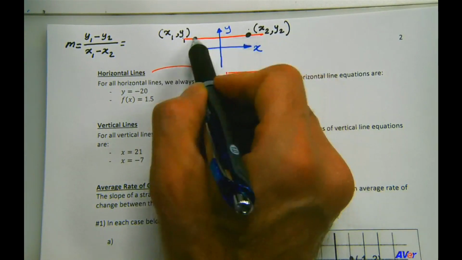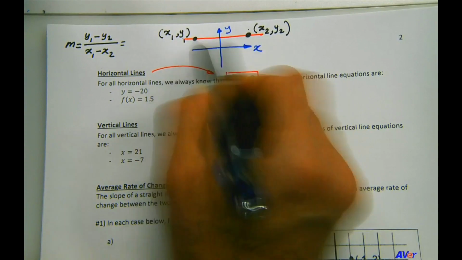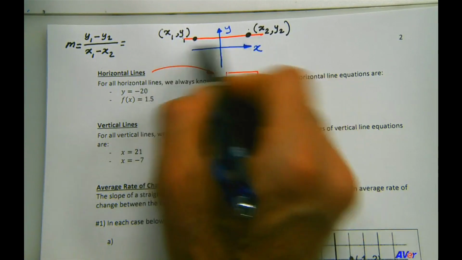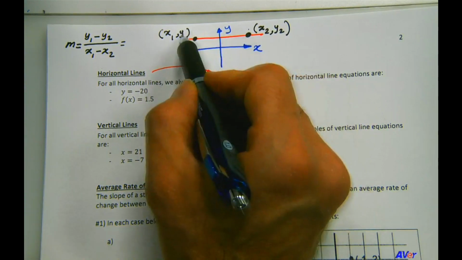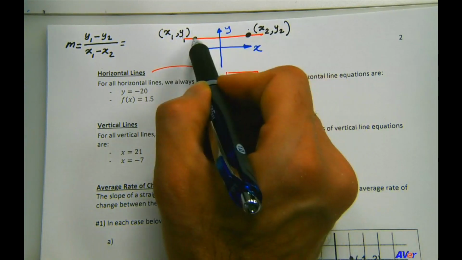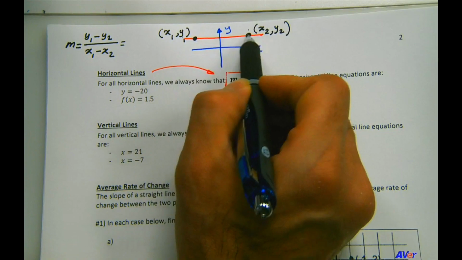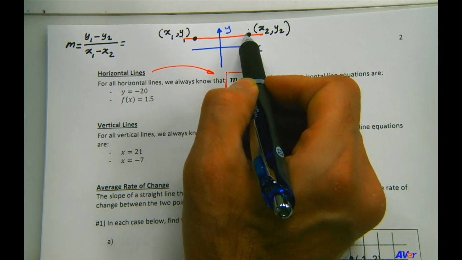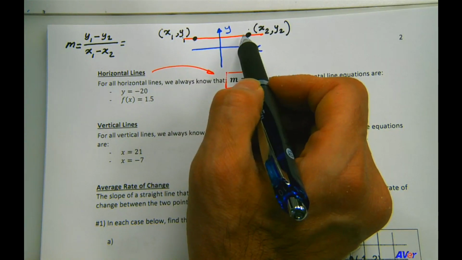Think about it. These 2 points are on the same horizontal line. Would the y component for these 2 points be different values or the same value? It'd be the same value.